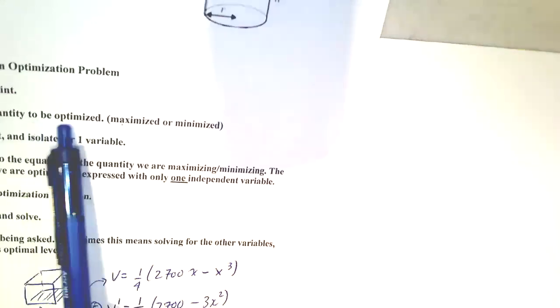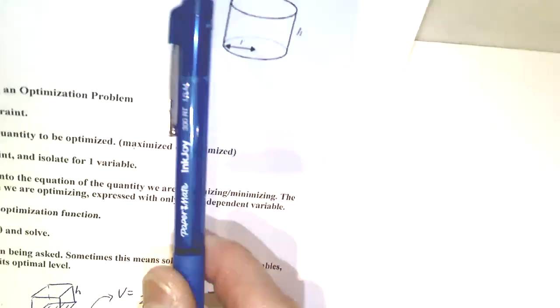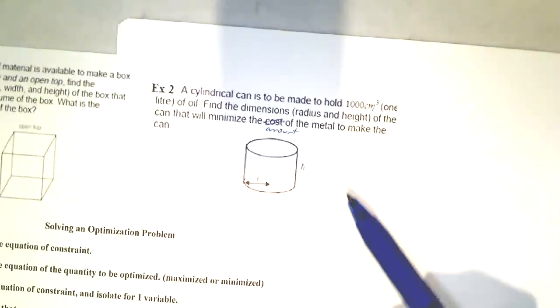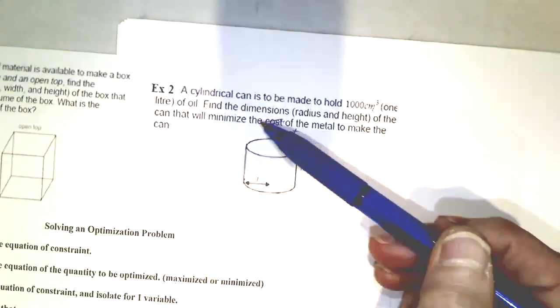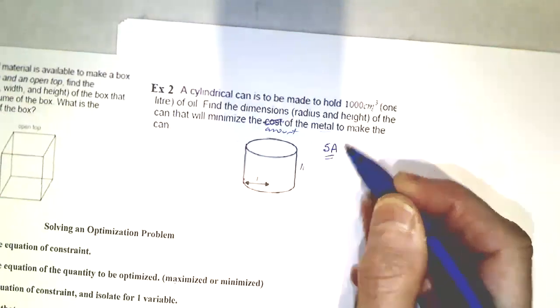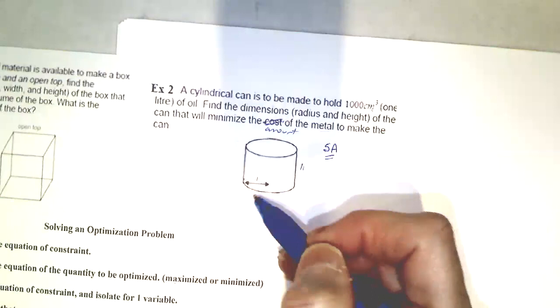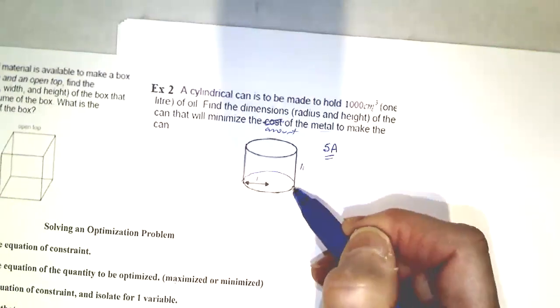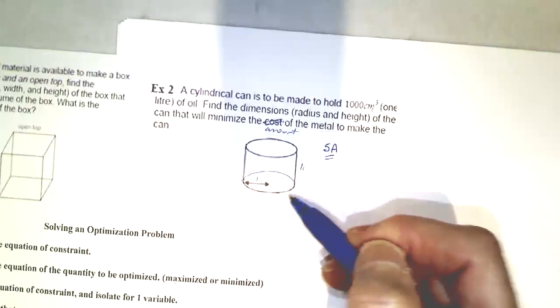Step 2. Create the equation of the quantity that we're maximizing, or in this case, minimizing: the amount of metal. Maybe not clear the first time, but really that's surface area. Minimize the surface area of the metal you're using to create this cylindrical shape.